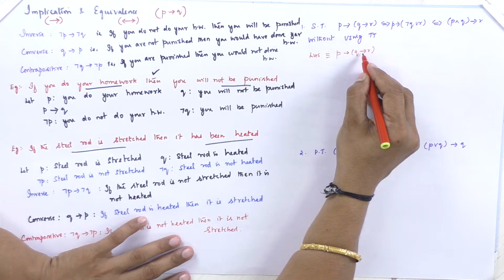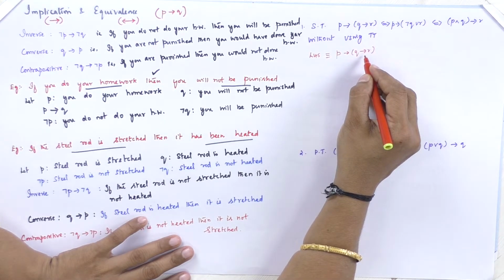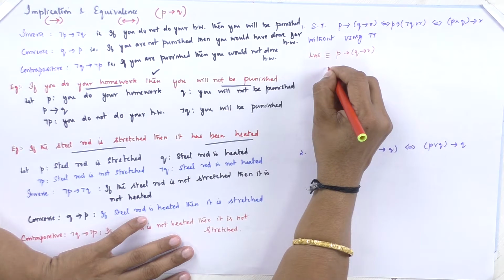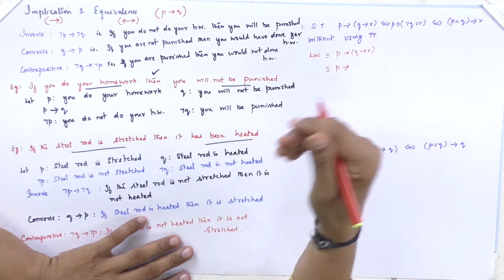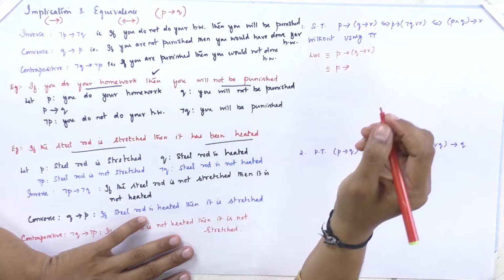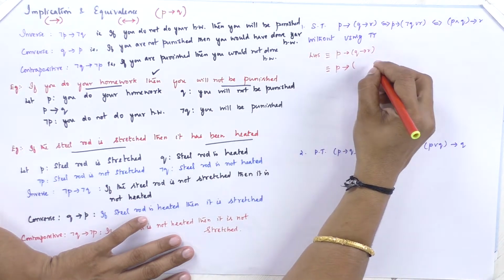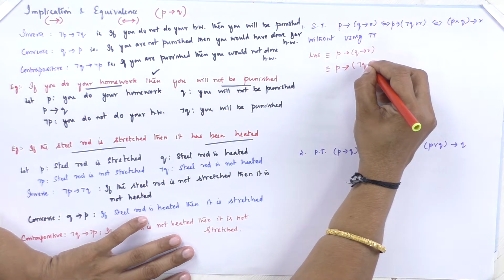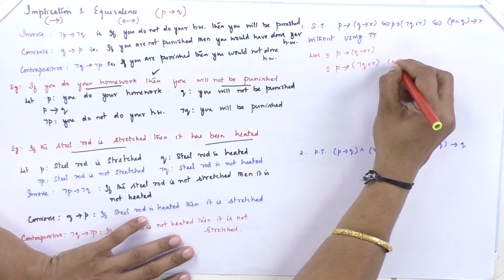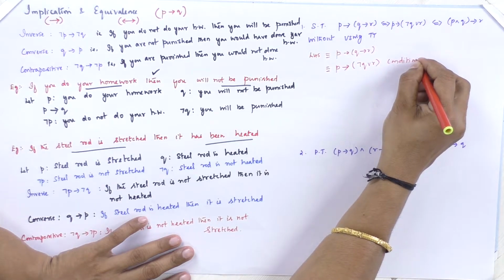So if this has to come as Q conditional R now, what law do I have to apply? That I have to think over. Whenever we have to replace our conditional by disjunction, the only suitable law is called conditional equivalence. So that is negate Q or R. This is conditional equivalence.